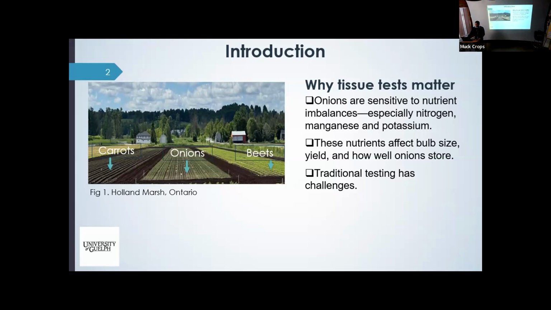So as a result, nutrient management in onions, like you all know, is a very critical practice. Some of you already apply macronutrients during the growing season, as well as foliar manganese, in order to support the onion growth.